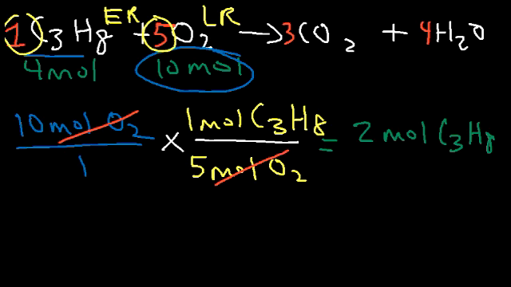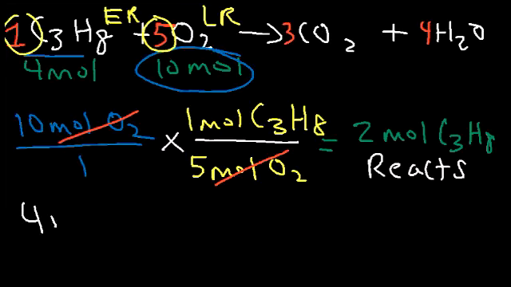Now, what does this number mean? You need to understand what it means. So what it means is that 10 moles of oxygen reacts with 2 moles of propane. So this is the amount that reacts, or the amount that is consumed by the reaction.